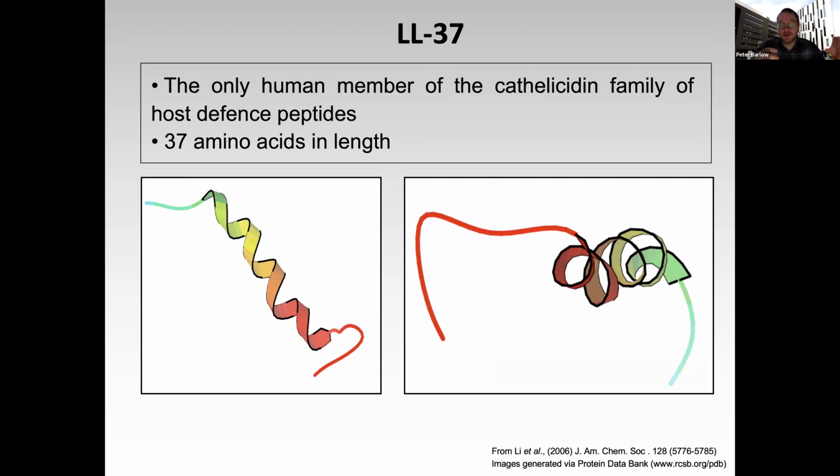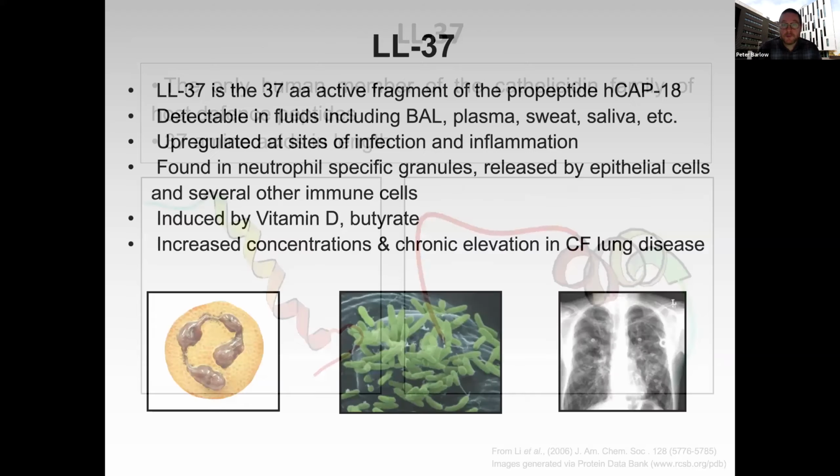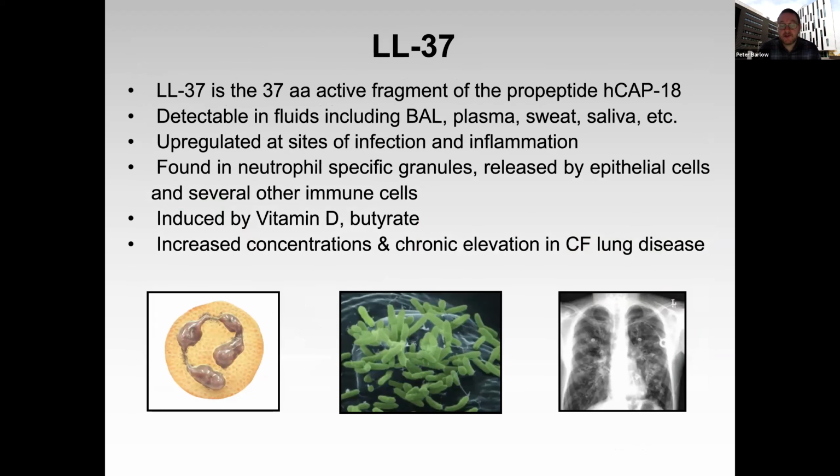You'll notice it looks like a coiled spring. LL-37 is stored predominantly in your neutrophils. All the circulating neutrophils in your body are absolutely packed full of LL-37, and it's stored as an inactive peptide.